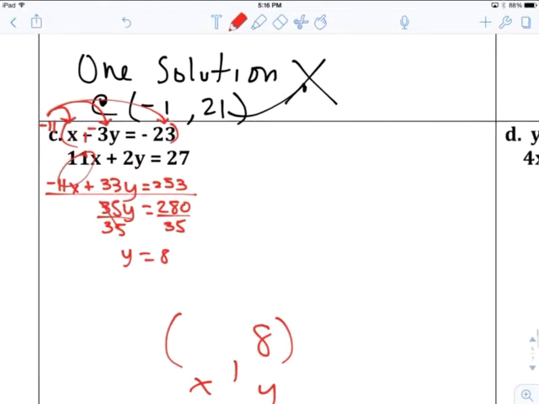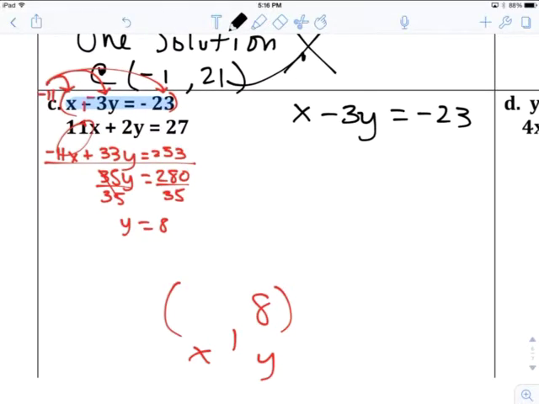So I'm going to use this one right here. That's the easier of the two. X minus 3y, the original problem before you turn it to its opposite by multiplying it. You put 8 where y is, right there.